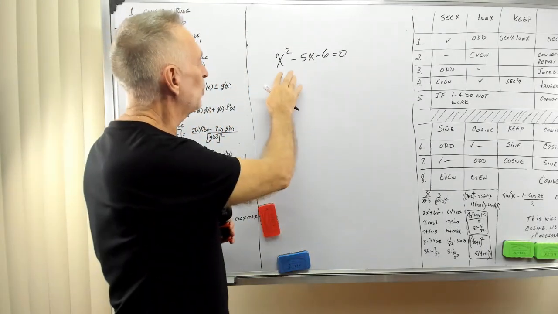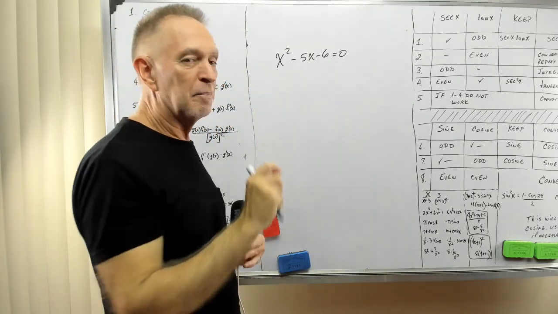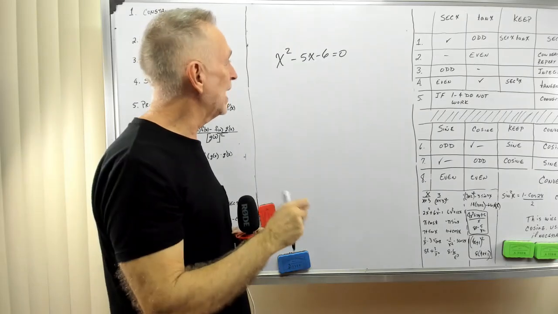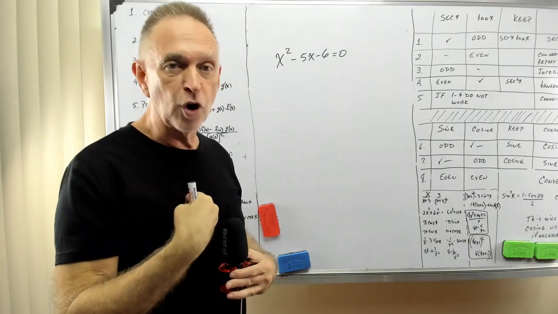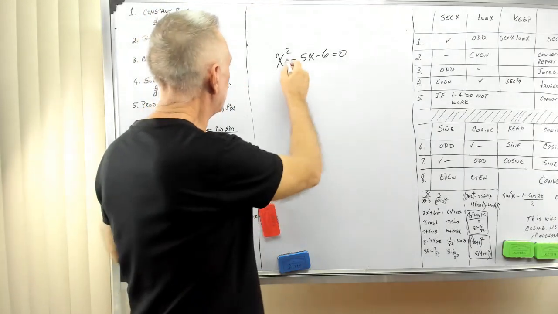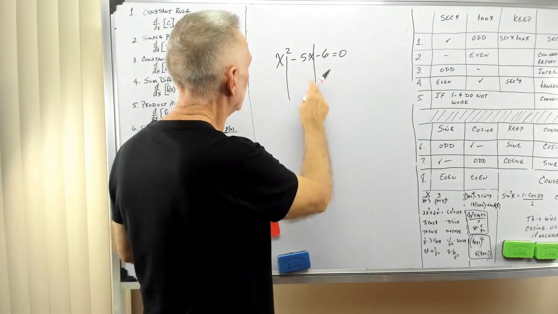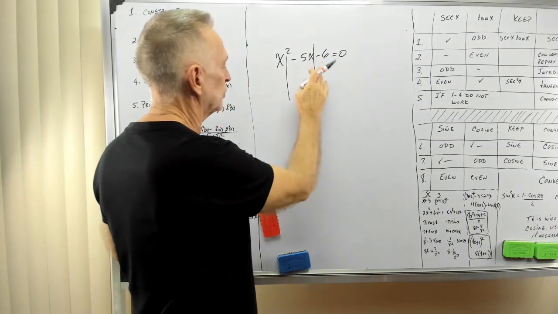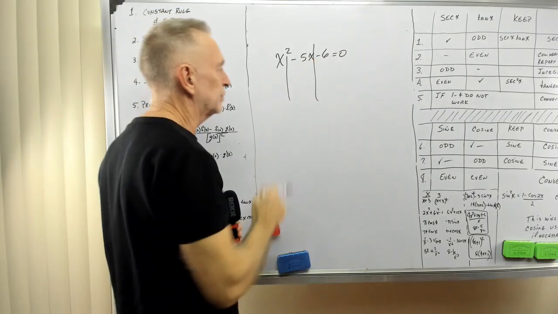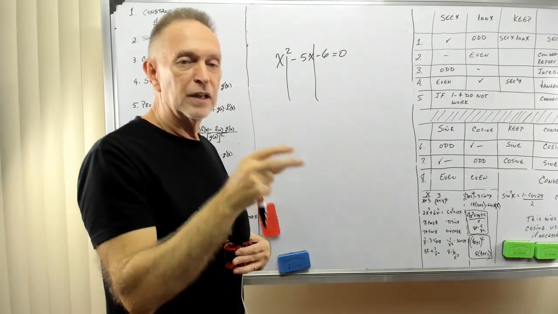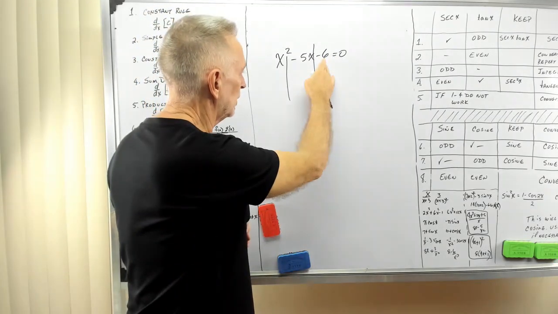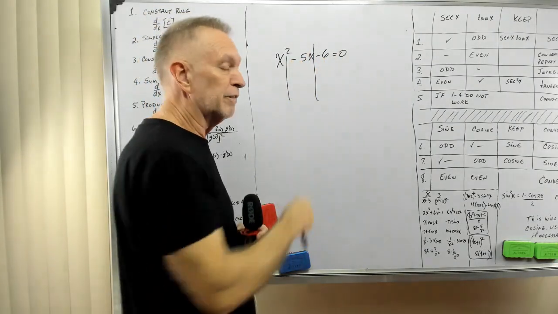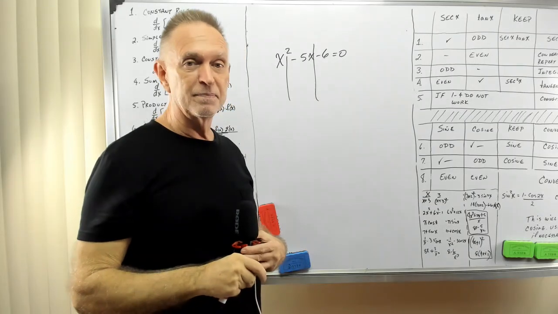Let's assume we have x squared minus 5x minus 6 equals 0. What we've been taught to do would be draw the lines here, come up with the factors of this negative 6, two factors that multiply together to give me negative 6, that add together to give me negative 5.